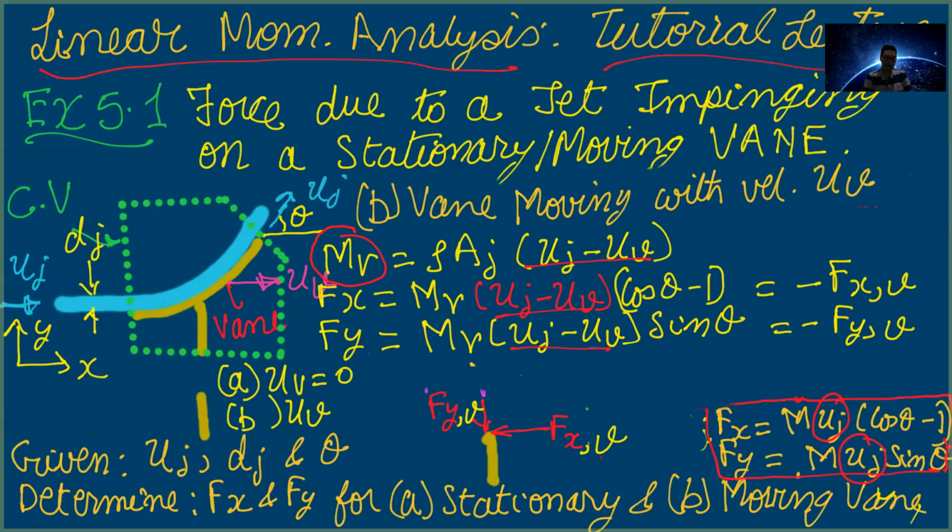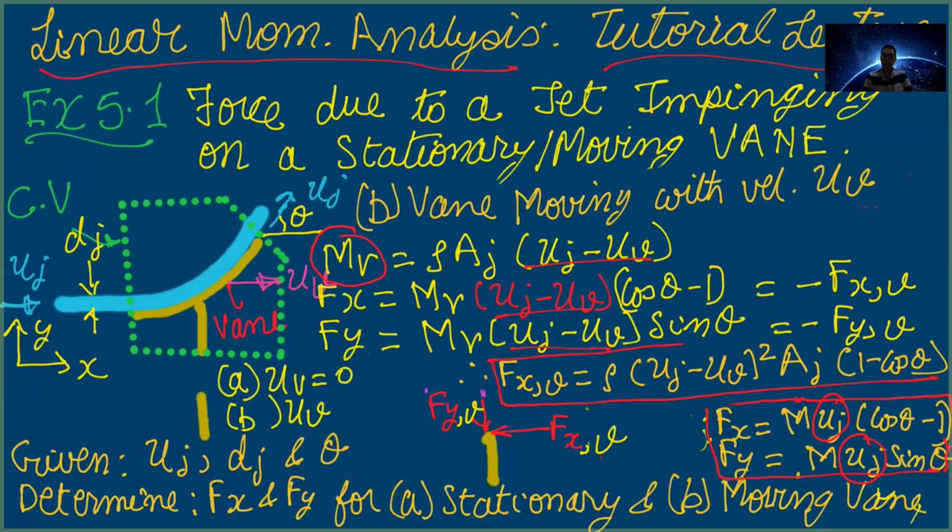So the relationship between the two is a negative sign. So fx is equal to minus fx vane, and fy is equal to minus fy vane. So for fx vane, instead of cos theta minus 1, you will have 1 minus cos theta. Okay, so you can see here fx is cos theta minus 1, but when you obtain the active forces which are acting on the vane, you get 1 minus cos theta.